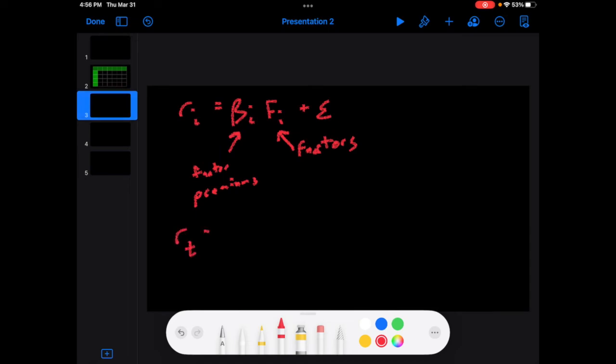The returns at time t is equal to beta times lambda, where the beta is still the factor premiums, but the lambda is actually our risk premiums.